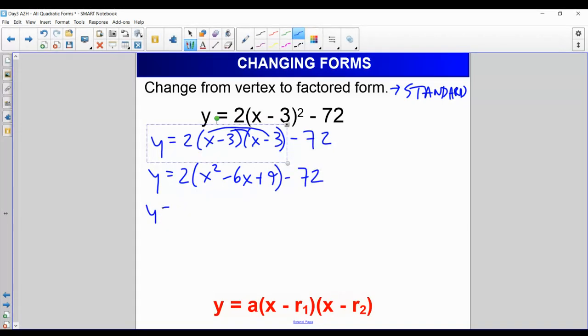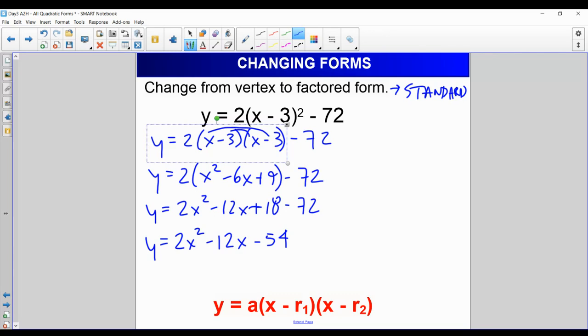So then I have y equals 2x squared minus 12x plus 18 minus 72. And let's simplify that.